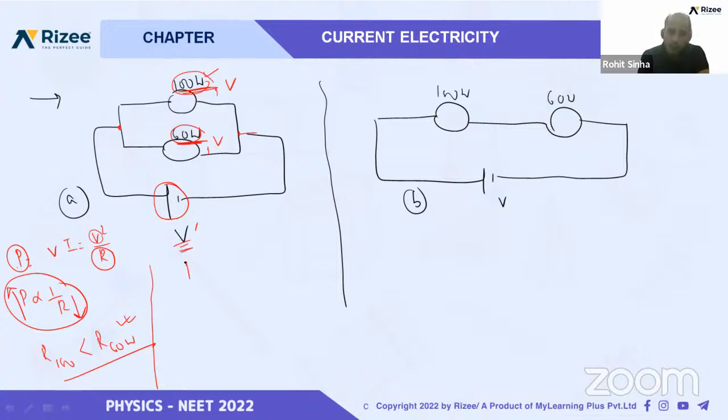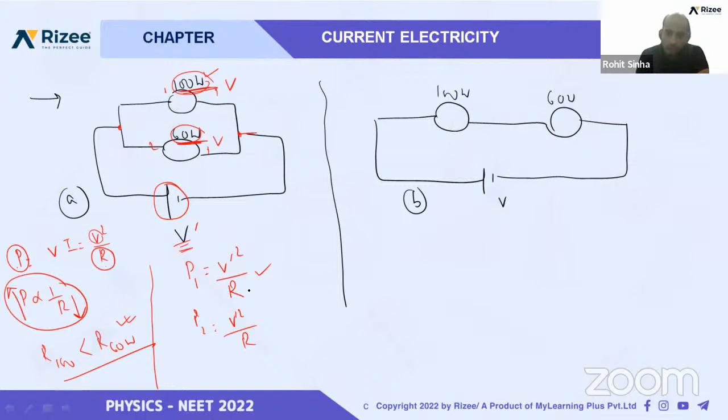We know that power due to external bias will be P is V square by R. Why are we using this formula? Because both will have the same voltage across the ends, so to compare them we use V square by R for the first one, and for this one also, P2 is equal to V square by R.